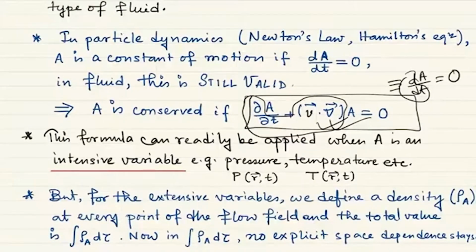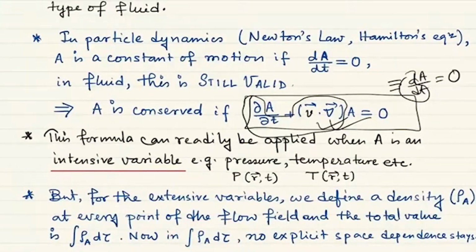So for an extensive variable, when we talk about conservation, or that something is constant, we say this should be constant in time, so d/dt of this thing should vanish.